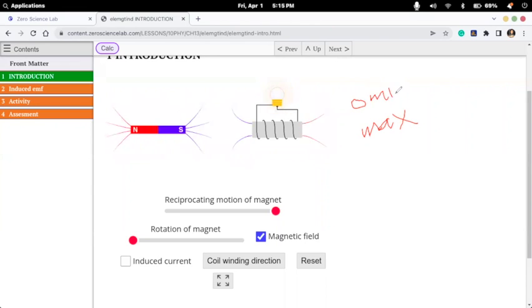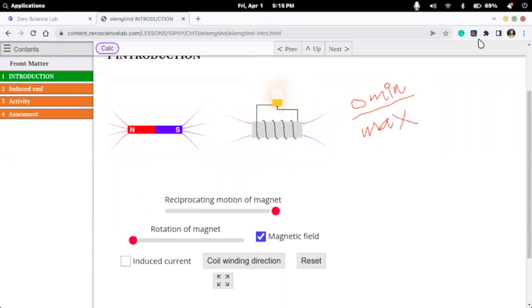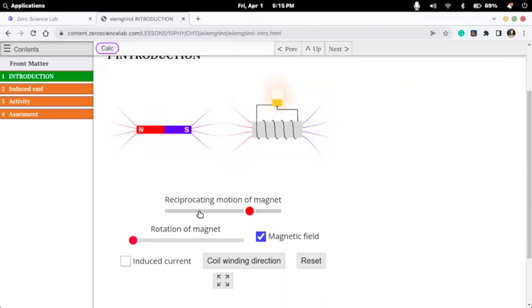So this variation of magnetic field is producing what? Electricity. Exactly correct. If I want to produce electricity, what should I do? Put the magnet closer. If I just keep that magnet very close to that coil and then leave it, what happens?